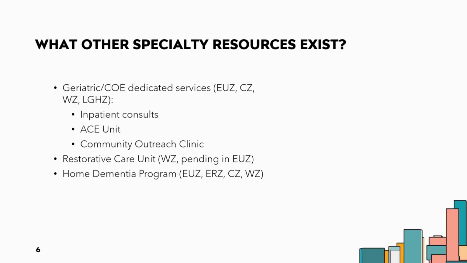So geriatric and care of the elderly have dedicated services that exist in Eastern Urban Zone, Central Zone, and Western Zone. And recently, Labrador-Grenfell Zone has a traveling clinic to Goose Bay where one-on-one assessments with a care of the elderly physician are being done.